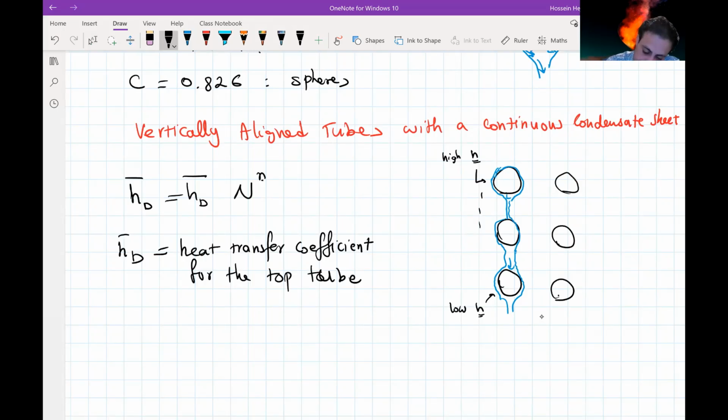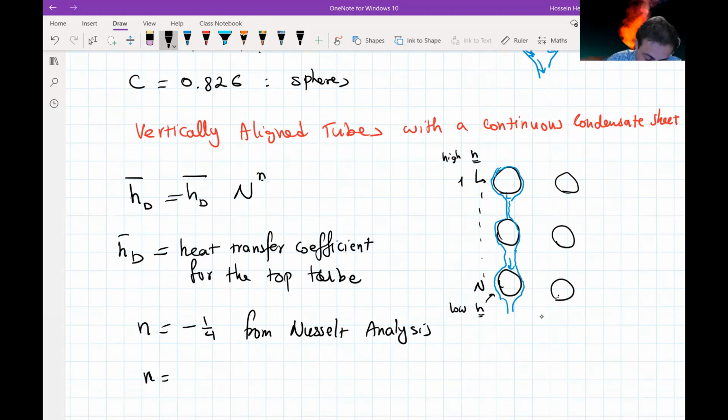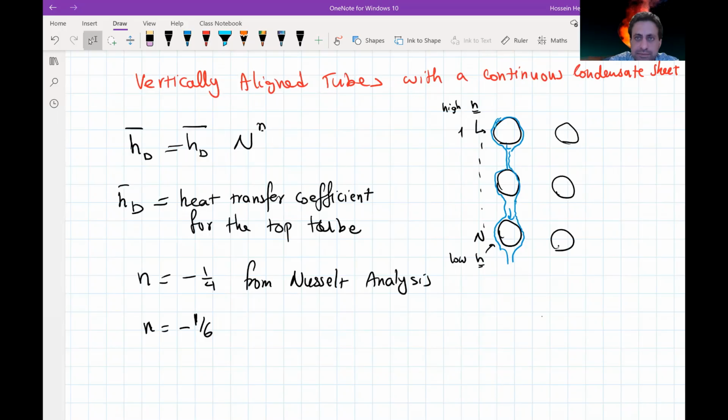So this goes from 1 to N, and the power small n here is minus 1 over 4 if we follow Nusselt analysis. But from experiment, minus 1 over 6 is more appropriate.